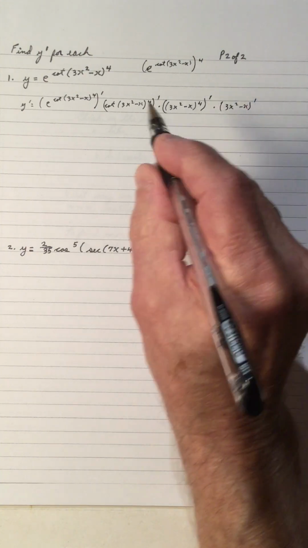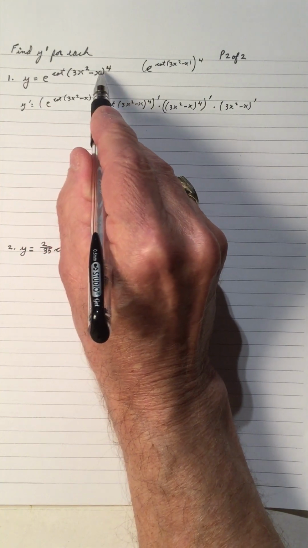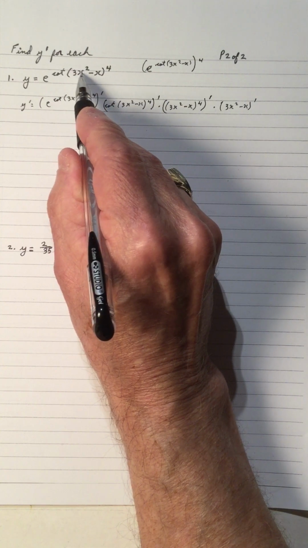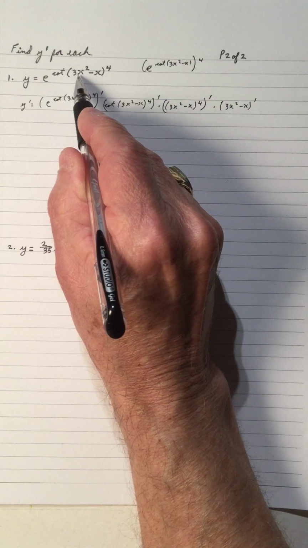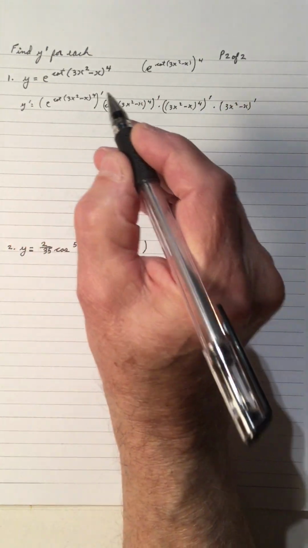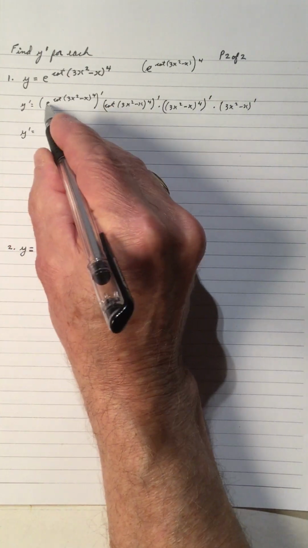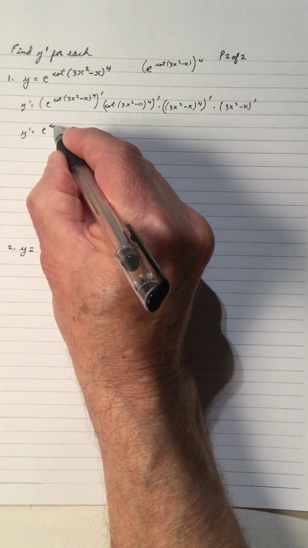So there's 4 of them: e to the x, the cot of this binomial power, then 3x squared minus x to the 4, that's the third one, and then 3x squared minus x is the fourth one. So that gives us y prime. The derivative of e to this power is the same, not going to change.